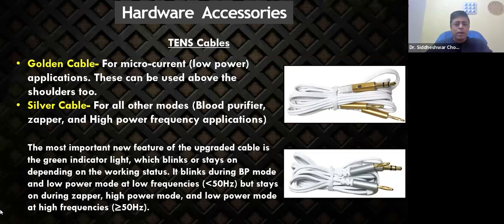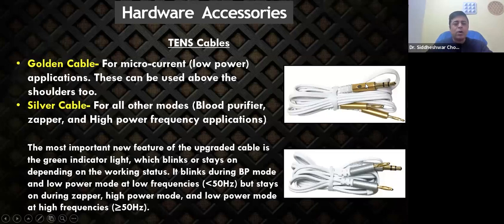Then the most important new feature of the upgraded cable is the green indicator light. So I hope you can see on the golden cable plug. Okay, this is the golden cable plug. You see there is a dot here on the socket. This dot is basically a green LED, right?